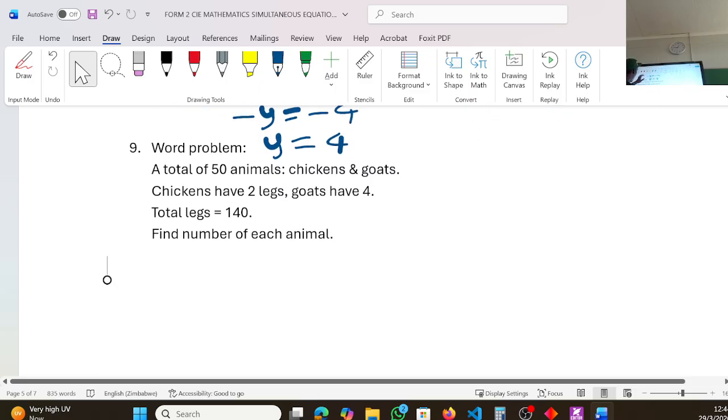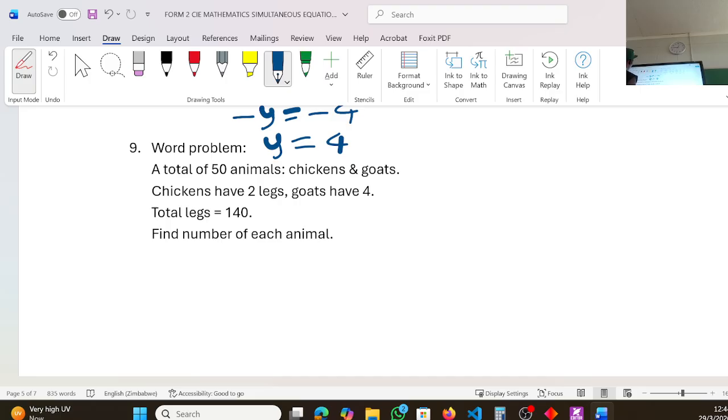Then next there, we have a total of 50 animals where we have chickens and goats. But now we are told chickens have got 2 legs and goats have got 4 legs. So the total legs that we find here are 140.